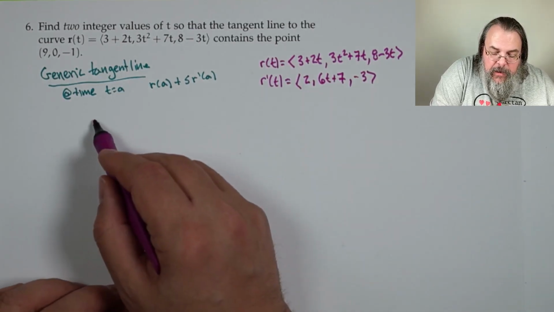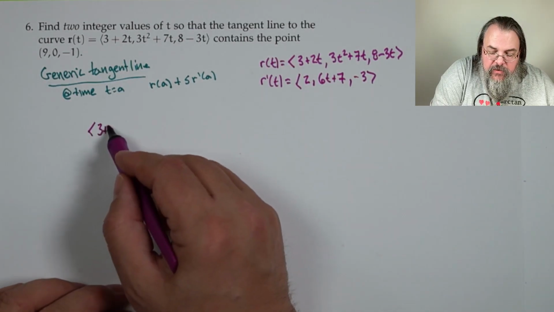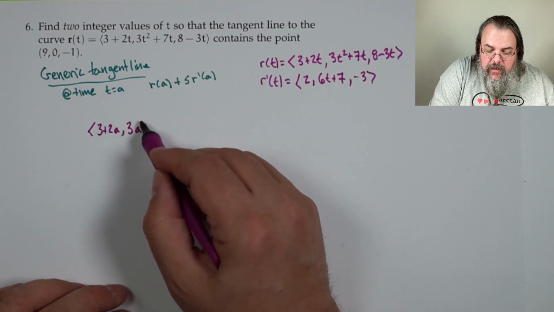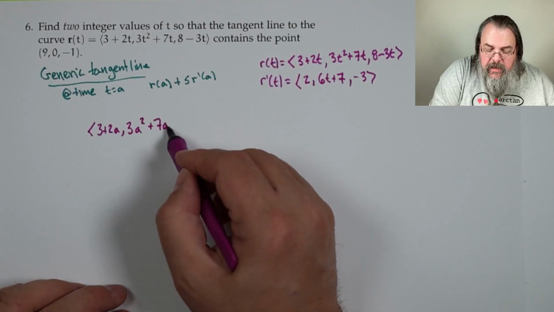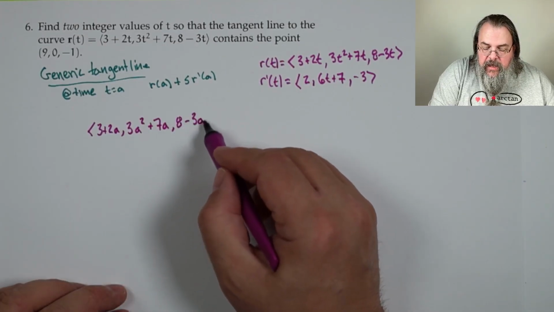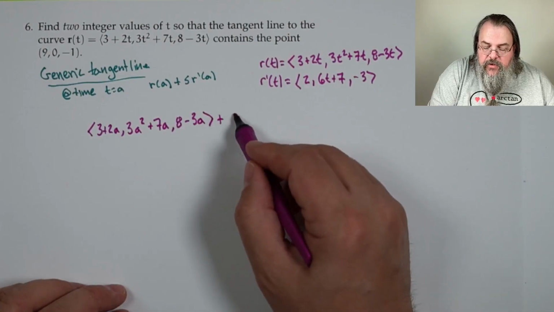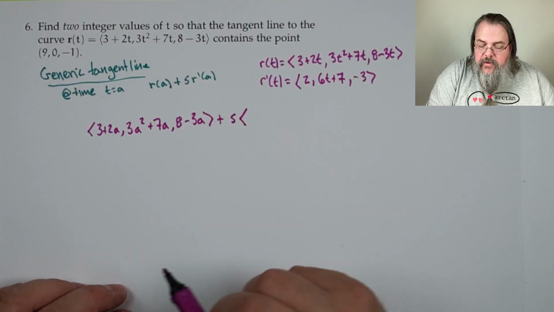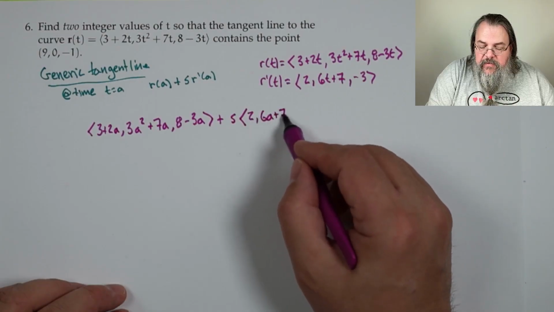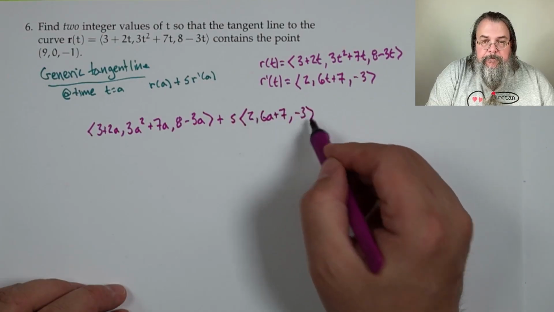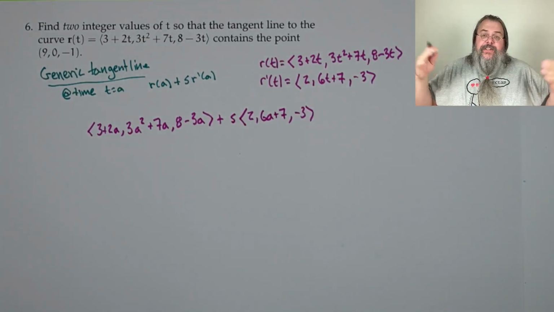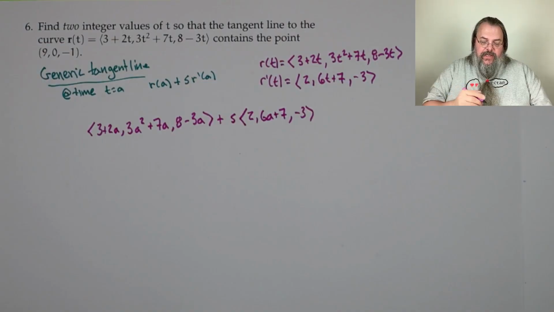So we update. We have 3 plus 2a, comma, 3a squared plus 7a, comma, 8 minus 3a, plus some multiple s, that's our other time, of 2, comma, 6a plus 7, comma, negative 3. Now, those are our tangent lines. And as s varies, we get all the points.